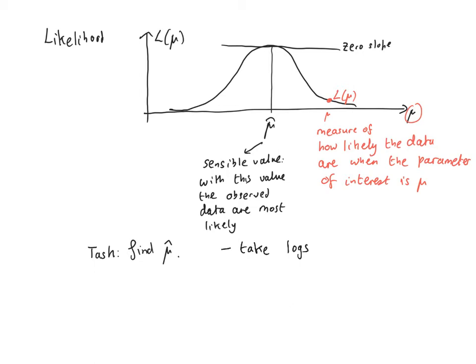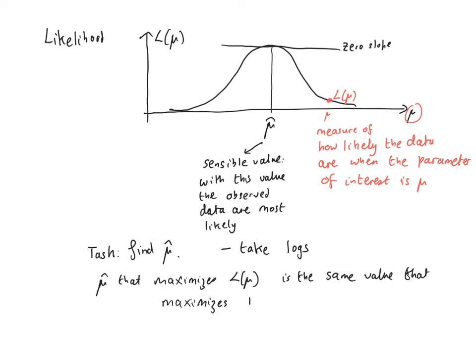Now, it actually turns out that the value that maximizes the likelihood big L of mu is the same value that maximizes the log of big L of mu. So let's say that the mu hat that maximizes L of mu is the same value that maximizes log L of mu.